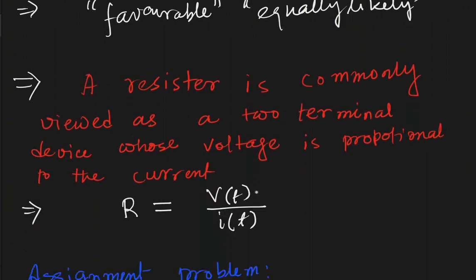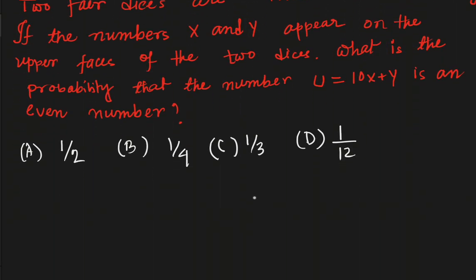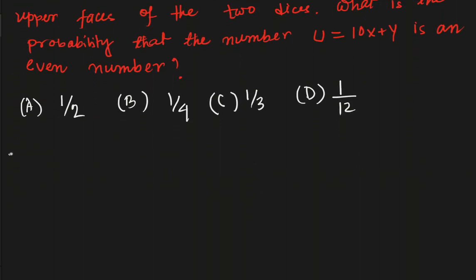That means the total size of the sample space is 6 cross 6, which is 36, and all the distinct outcomes are equally likely. Now we will apply the classical definition here.